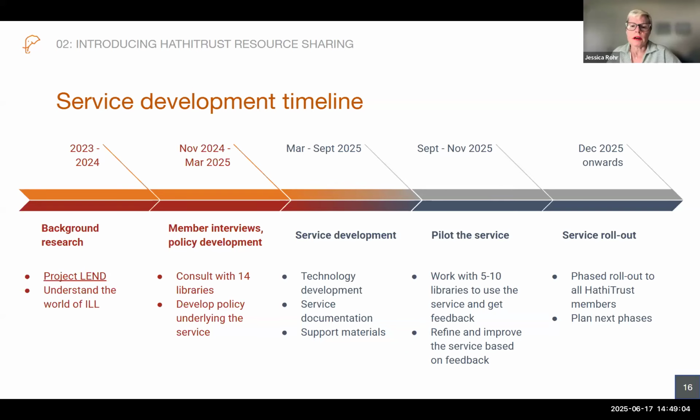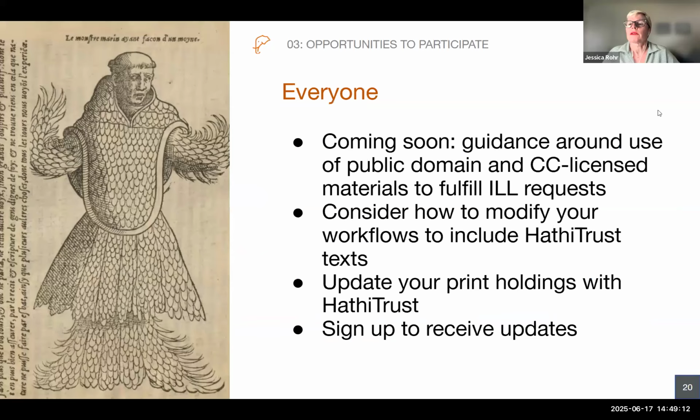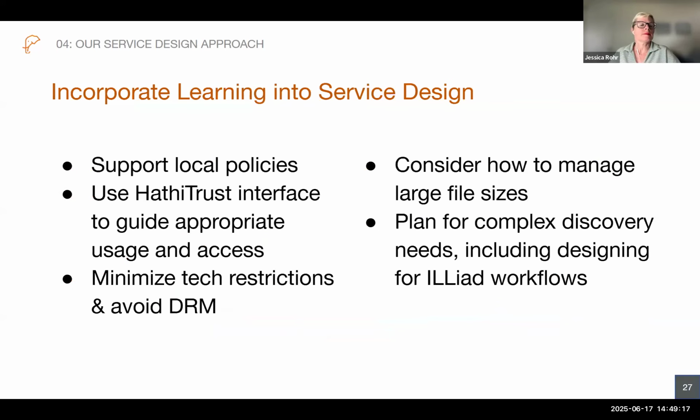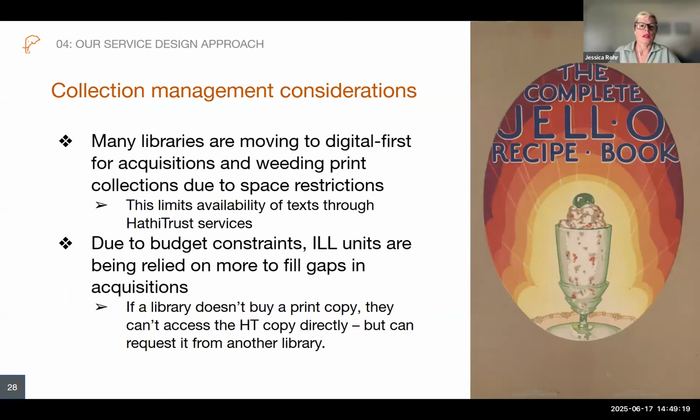Here is another one. Looking at slide 28, can you go over the last sentence on your last slide? If a library can't buy a print, can you go over in a little more detail about that sentence? Oh, yes. Okay. So if your library doesn't hold a print copy, and if you choose not, as part of your acquisitions, to buy more materials, your library won't be able to have direct access to the HathiTrust copy.